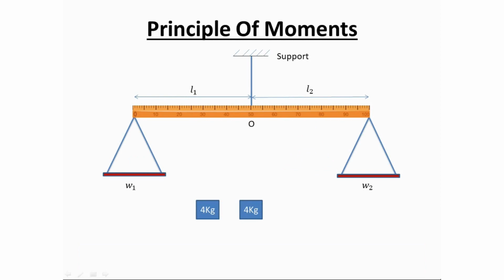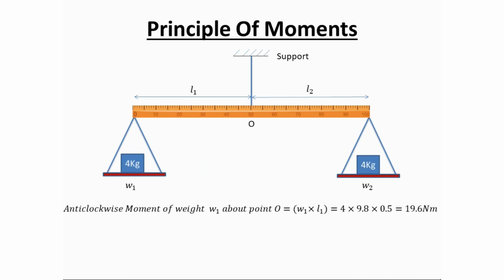Similarly, instead of moving the right pan to 75 centimeter, if we place equal weights on both pans at the extreme ends of the ruler, the meter rule will be horizontal. In that case also the system is in equilibrium. Let's calculate. The anticlockwise moment of weight W1 about point O is equal to W1 into L1, which is equal to 4 into 9.8 into 0.5 is equal to 19.6 Newton meter.